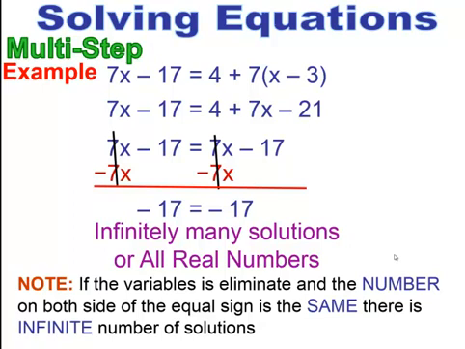I can put any value into x for the original equation, and it will always be true, which means my solution for this equation is any number. So infinite many solutions, you could say all real numbers, but in this case, when the variable's eliminated and it is equal to each other, it's the same thing, it's a true statement, then it's any solution.